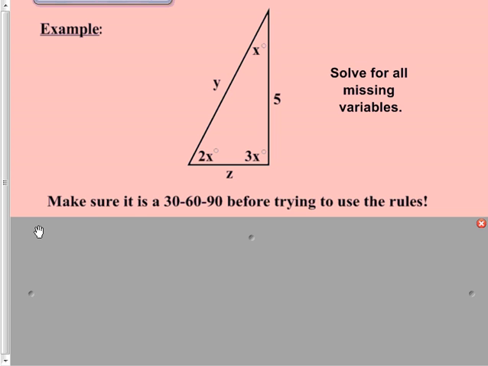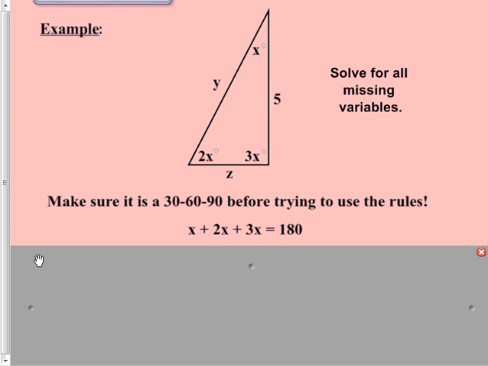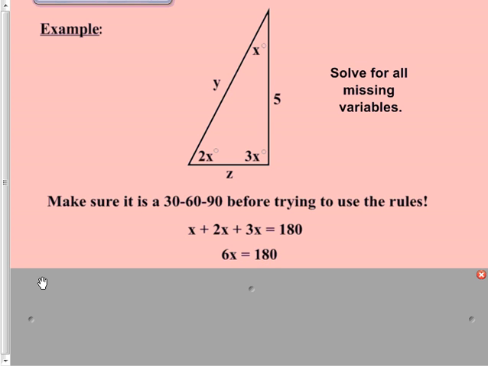Well, that's not very helpful, but we do have a rule for triangles: the three angles in a triangle should add together to 180, supplementary. So let's have a look at that. We have 1x, we have 2x, we have 3x. That is 6x. 6x equals 180 degrees.